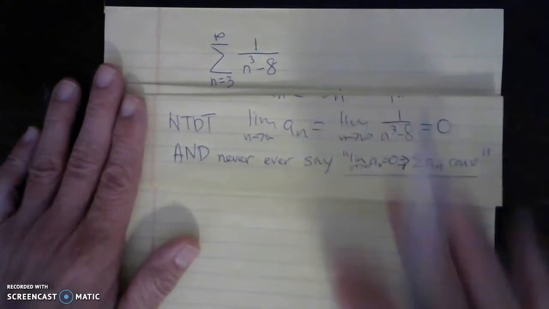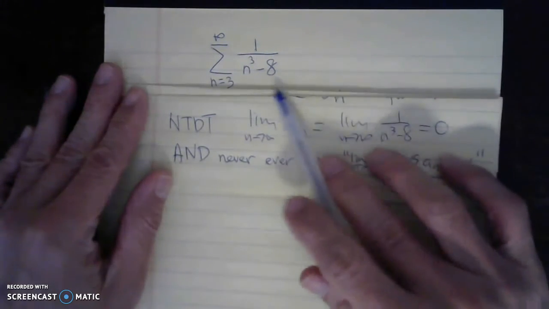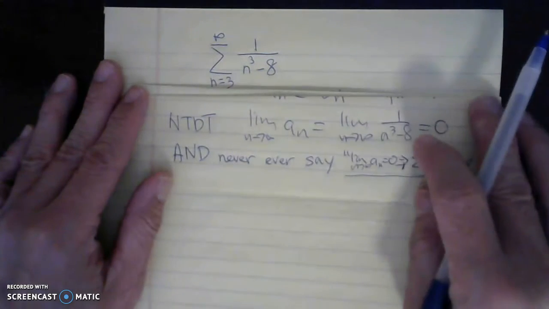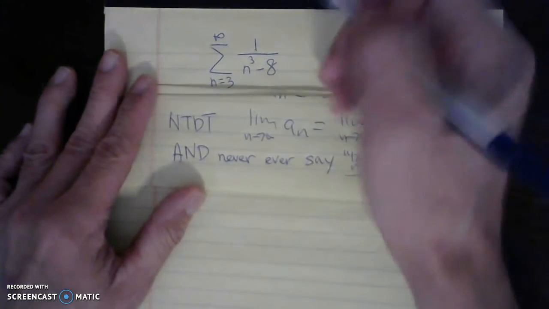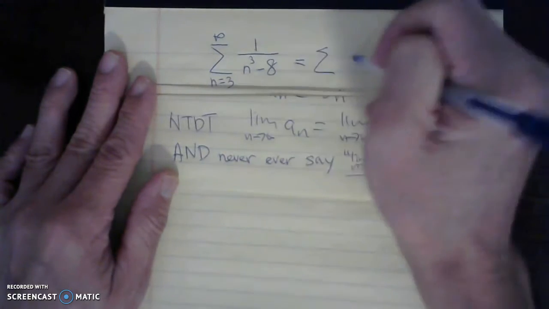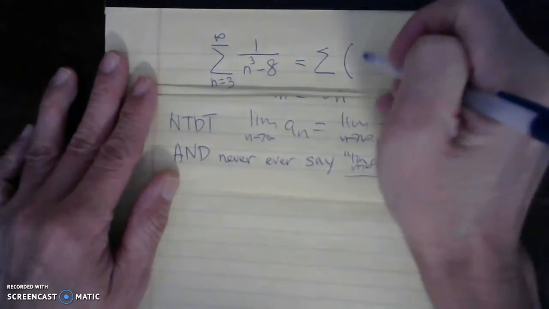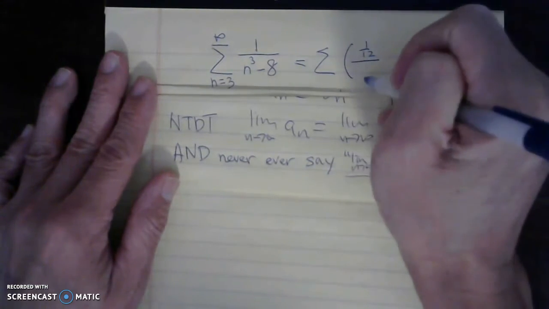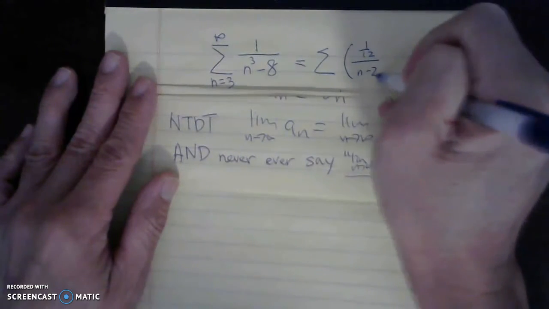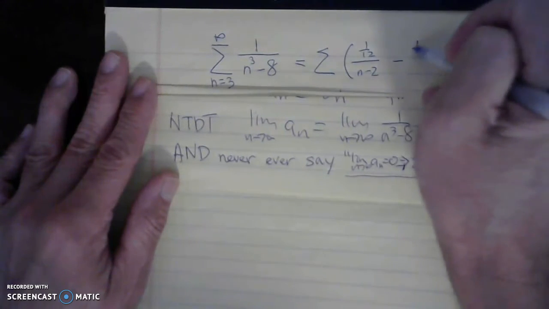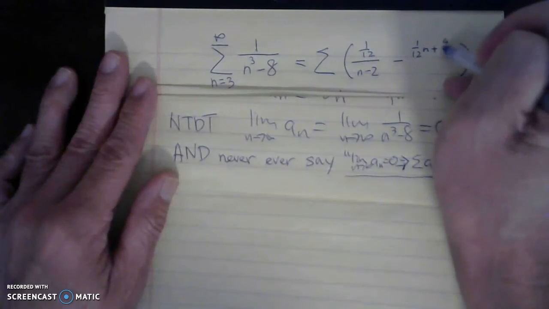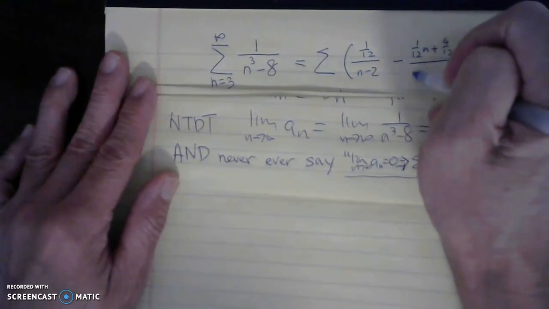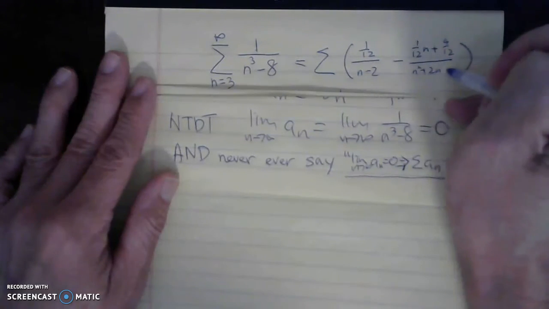Some students say, oh, you know something, maybe that is a telescoping series. No, it's not telescoping. It is true you can write this as a difference of two things. The first thing being 1 over 12 of n minus 2, and the other one being 1 over 12 n plus 4 over 12 over n squared plus 2n plus 4.